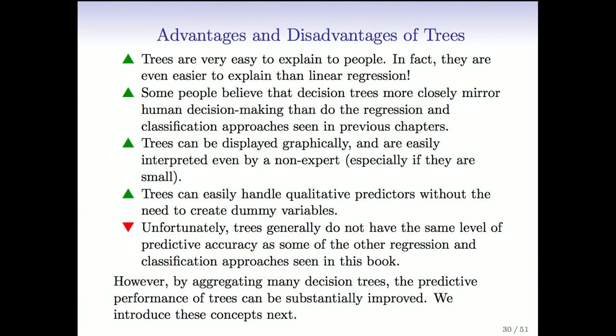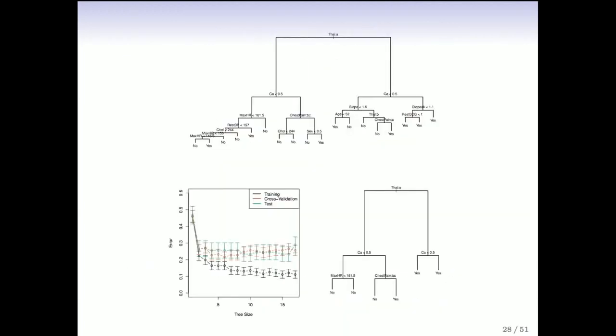And for example, we look back at this heart disease tree, right? The pruned one in the bottom right. A doctor might like this tree because it mimics, in a sense, the way his decision-making process might work. In other words, trying to decide whether a patient has heart disease, he might first do an initial test based on thallium stress test. And if they fail that test, then do a further test based on calcium and decide about heart disease.